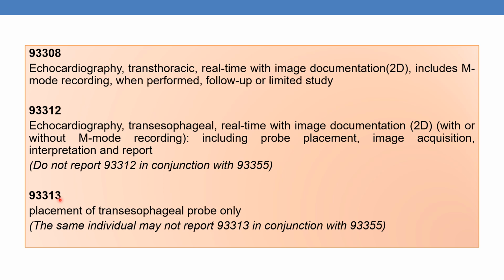It includes echocardiography transesophageal real-time with image documentation for placement of esophageal tube only. This is given only for the placement of transesophageal probe. And the same individual may not report 93313 in conjunction with 93355. That is also an important point.